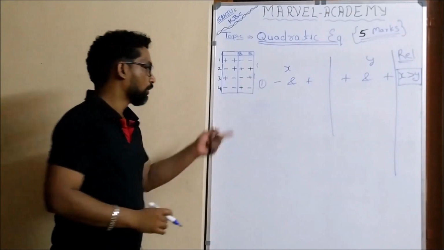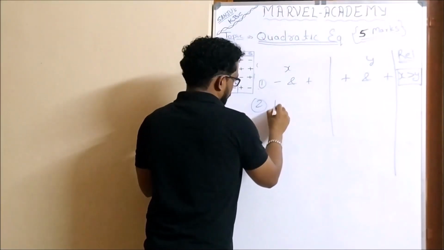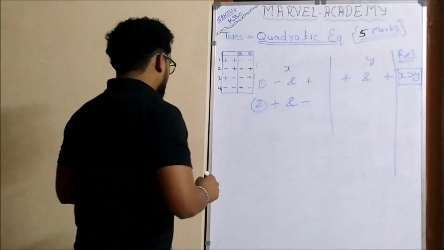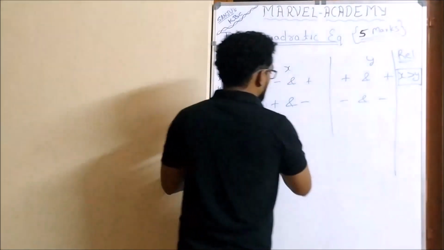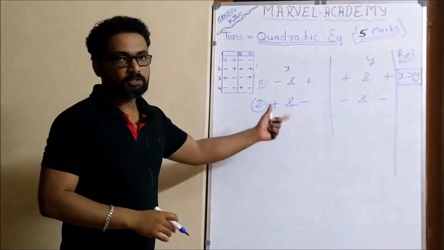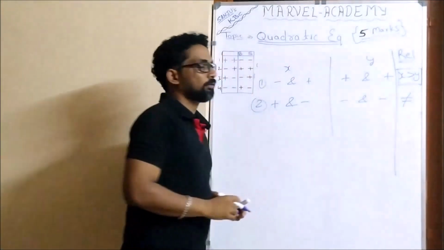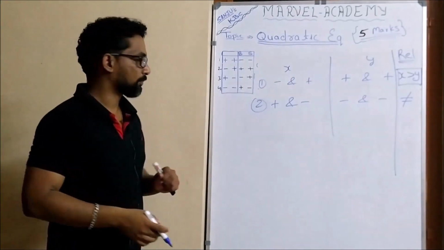The second type is when the value of x is positive and negative and the value of y is negative and negative. When this kind of relation is there, we can directly say that there is no relationship, or we cannot determine the relation.